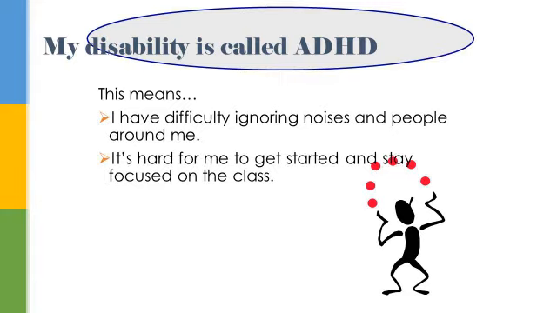He says, "This means I have difficulty ignoring noises and people around me, and it's hard for me to get started and stay focused on the class." You can see how this could be very, very important as he's sharing the impact of his disability with each one of his general education teachers when he's asking for assistance or accommodations in that classroom.